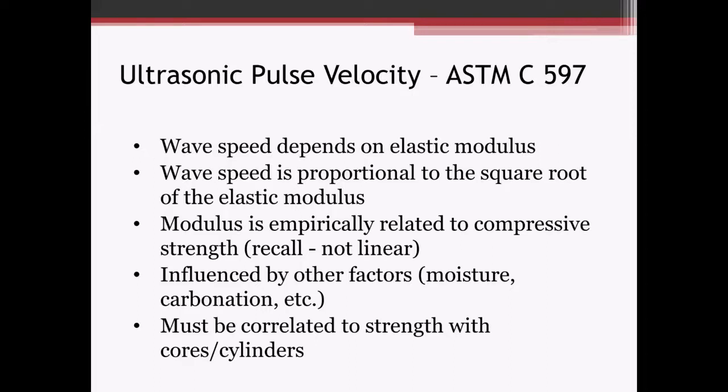Take half a dozen, 6, 8, 10 cores, do some correlations and get a better idea of what your strength is, and then go around with the Rebound Hammer, the Windsor Probe, or ultrasonic, and see what your strengths are.